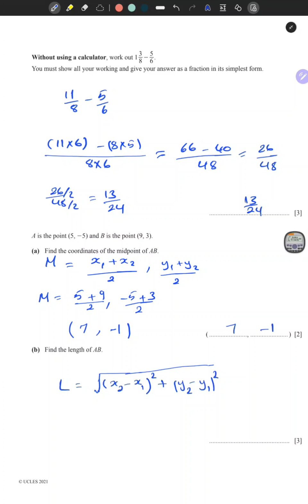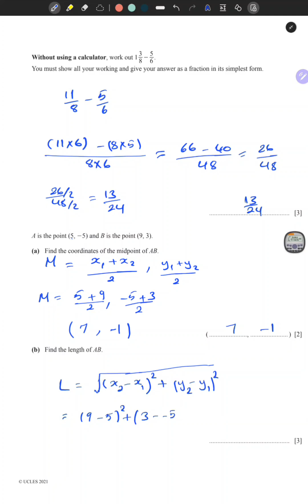Okay, let's put the numbers in their places. x2 here is 9, so it is equal to 9 minus x1, which is 5 here, all of that squared, plus y2, which is 3, minus, and then minus again, because that is minus -5.